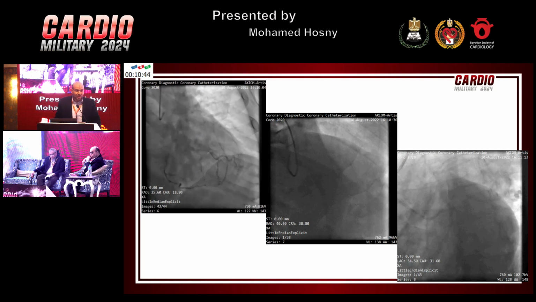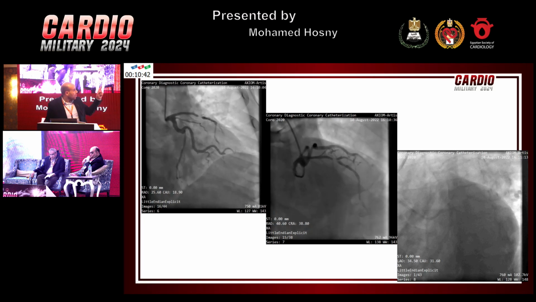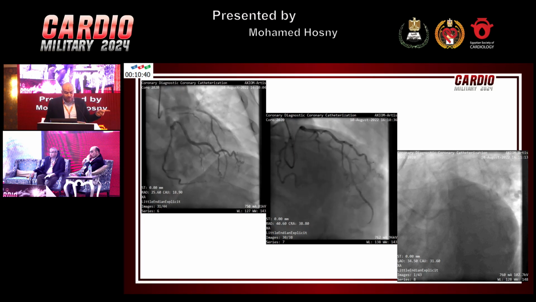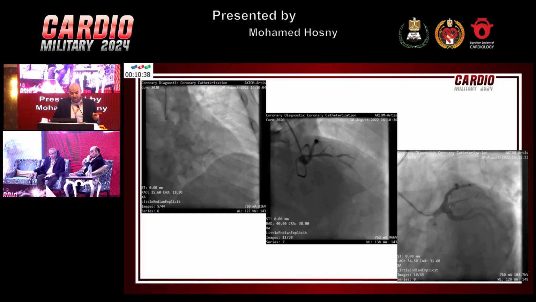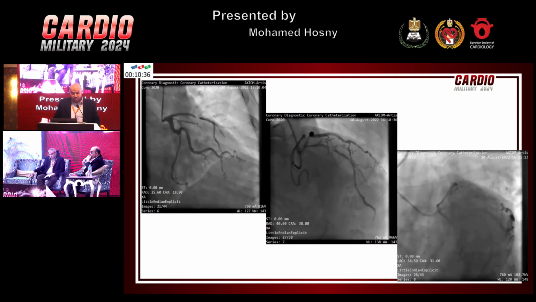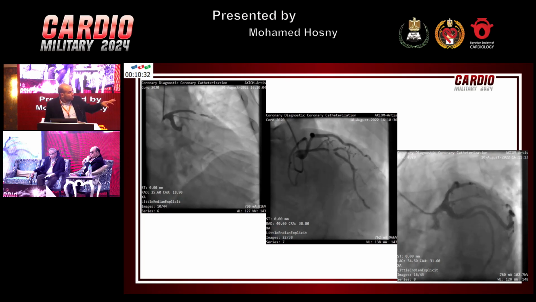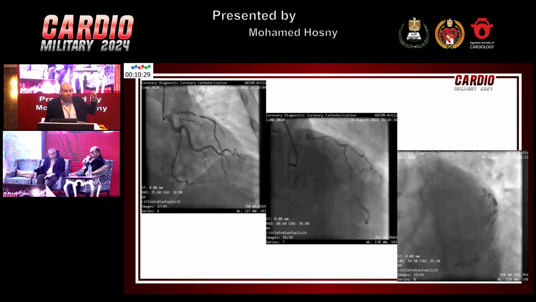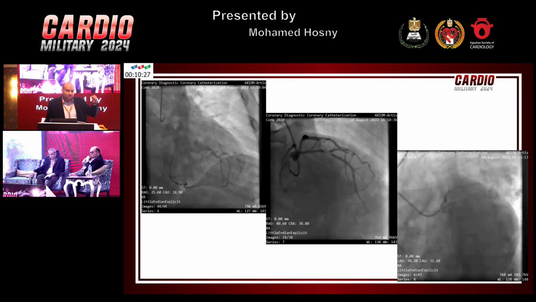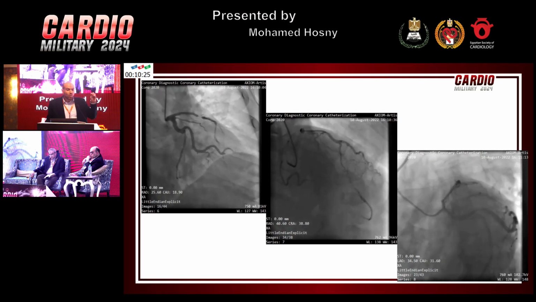We can appreciate that the left main is bifurcating into LAD and LCX, and the LCX does not show any significant lesion, but the LAD shows what we can call total occlusion or subtotal occlusion, involving the ostia of the diagonal branch, Medina 111.